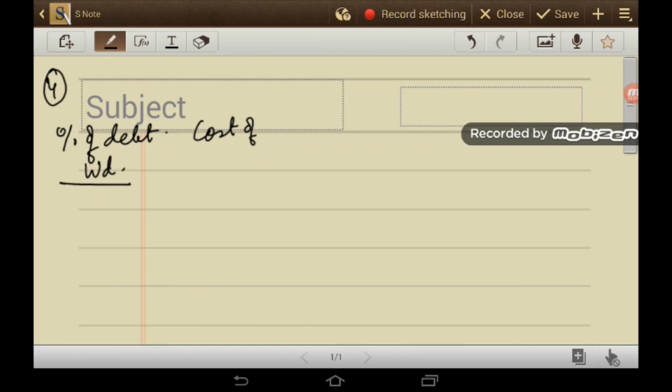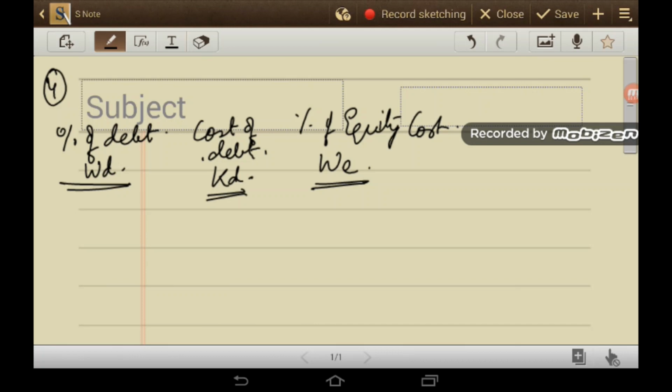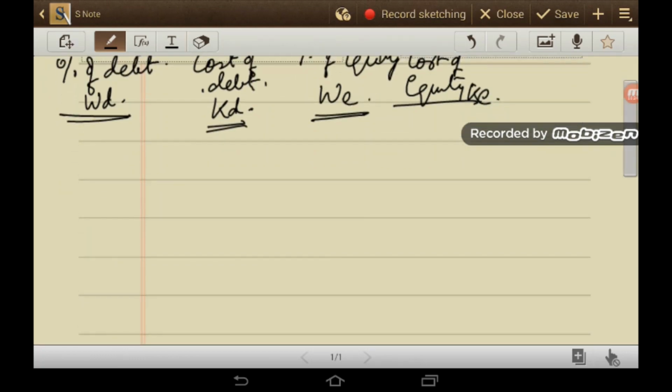Debt, this is the weight of debt, and this is the cost of debt. Cost of debt is Kd. Then the percent of equity, this will be the weight of equity, and cost of equity is Ke. If your weight of debt is 0, then the weight of equity will be 1. If this is 0.10, then this will be 0.90. If 0.20, then this will be 0.80.